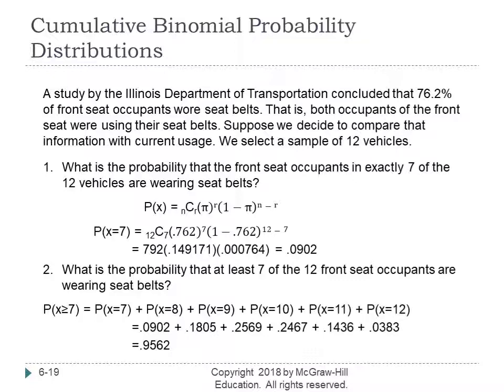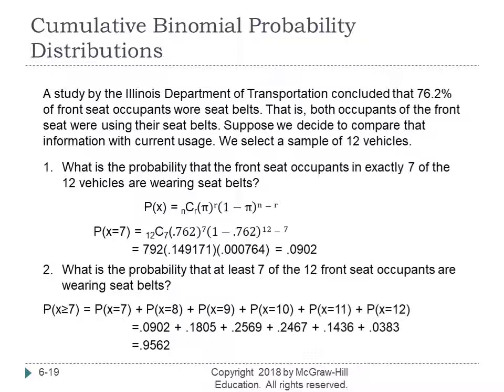Here again, the formula is listed. We want the probability that x equals 7, or p of 7. This is n choose x, so it's 12 choose 7, times the probability of success, which is 0.762 raised to the power x, which is 7, times 1 minus 0.762 raised to the power n minus x, which is 12 minus 7.